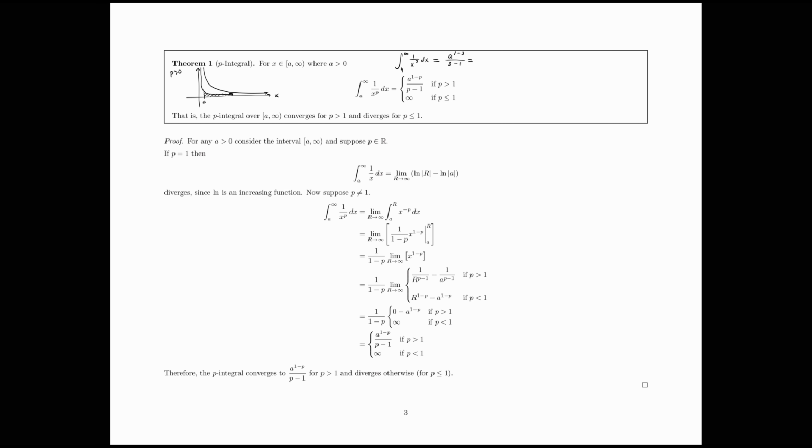And what's a? Oops, should have plugged that in. A is 4. So this is 4 to the negative 2 over 2, which is 1/16 times a half, 1/32. That is the area.